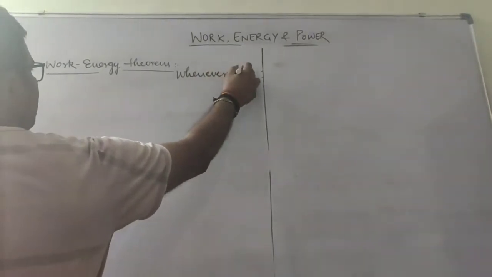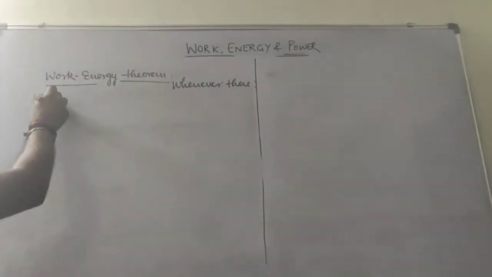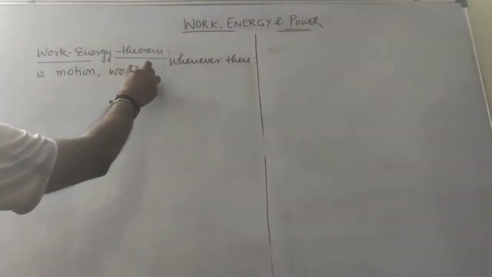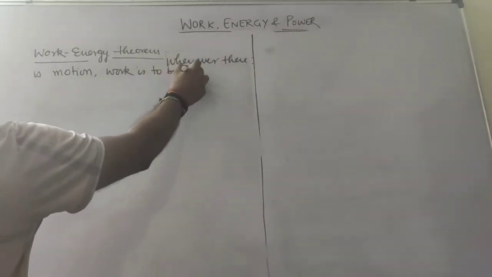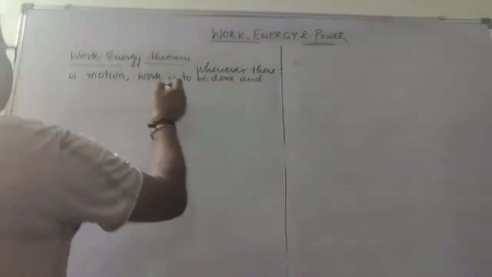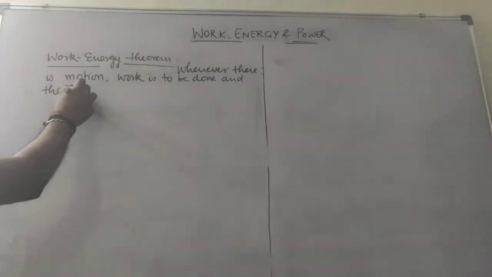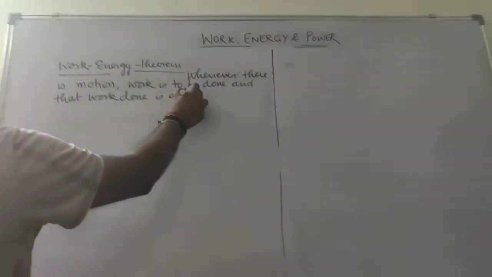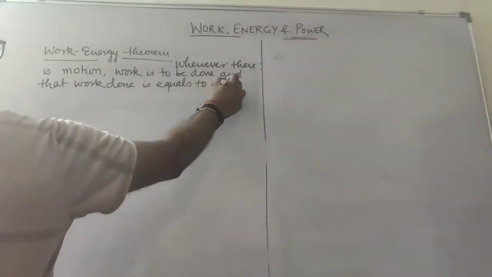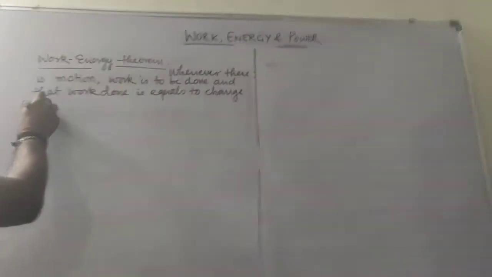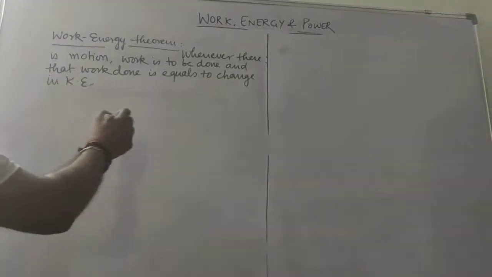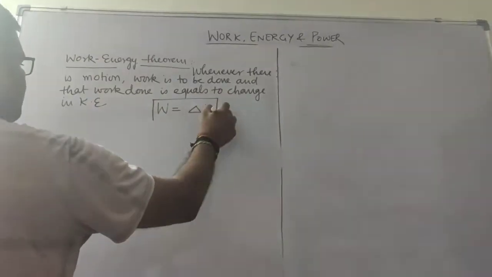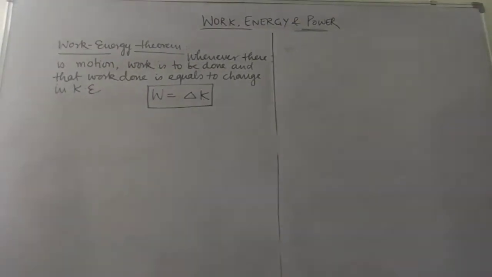Whenever there is motion, work is to be done, and that work done is equal to the change in kinetic energy, that is W equals delta K. This is work done equals change in kinetic energy.